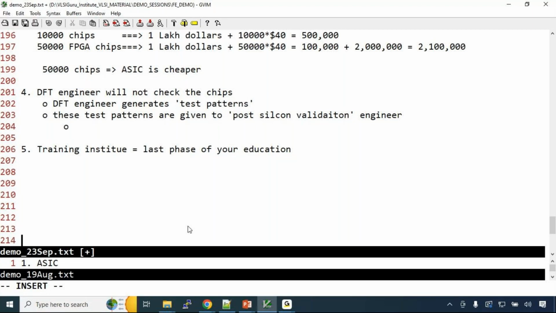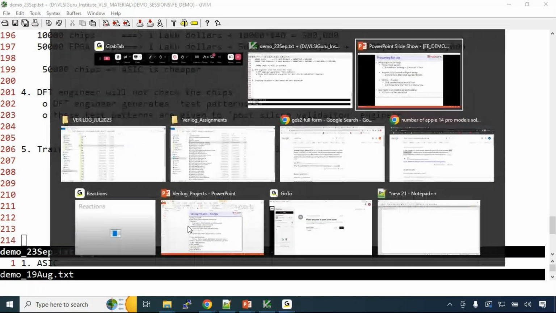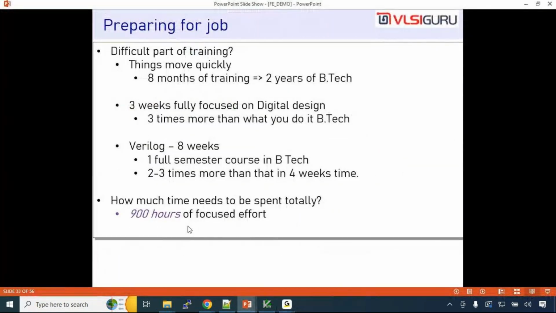But after the coaching institute, there is nothing else for you. So here we make sure that we spend time and we teach everything properly. Because if something goes wrong in your elementary school, there is a high school to correct it. Something goes wrong in high school, there is a college. But after the training institute, there is nothing. So we understand that we have to teach everything in a proper manner.